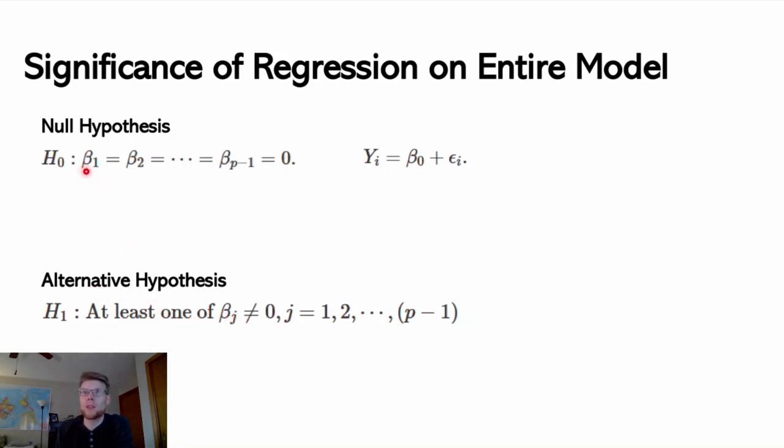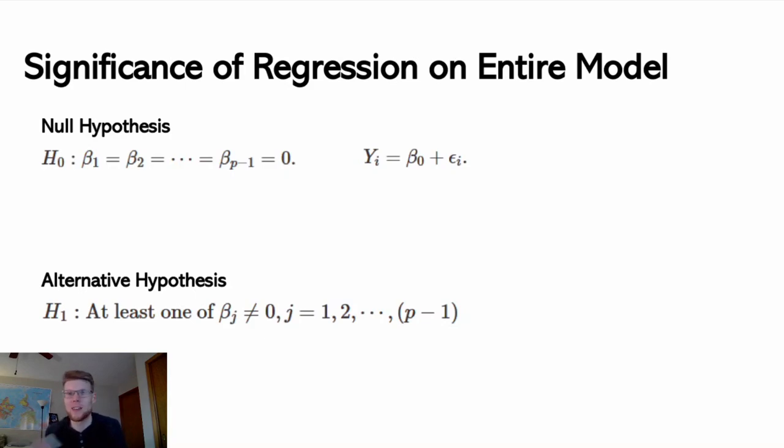So if the null hypothesis is true, then all these predictors that I've added are not doing anything. Under the null hypothesis, the only thing that I'm going to get from these predictors is some random chance variation, meaning that just by the fact that I take a sample, I might see a little bit of correlation, but it isn't actually an underlying effect.